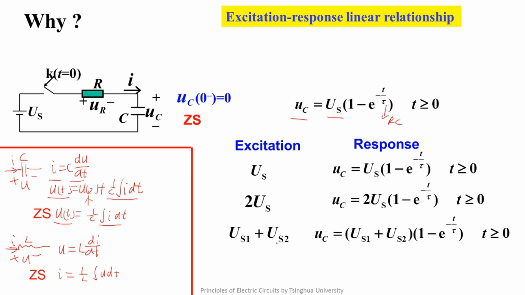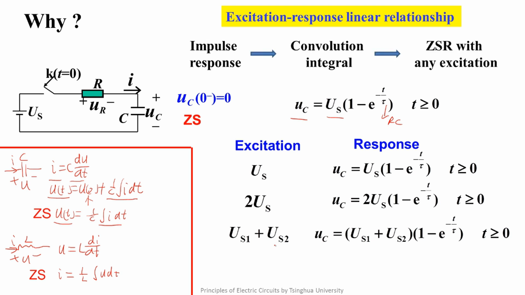You should remember that in zero-state condition, the relationship between the excitation and the response is linear. With this, we can first solve the impulse response of a circuit in the zero-state condition, then calculate the convolution integral of the excitation and the impulse response to find the zero-state response with any excitation.